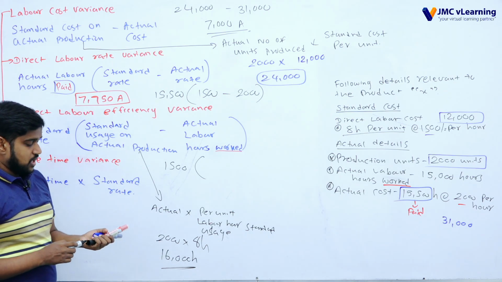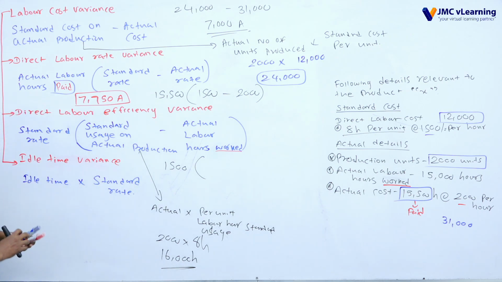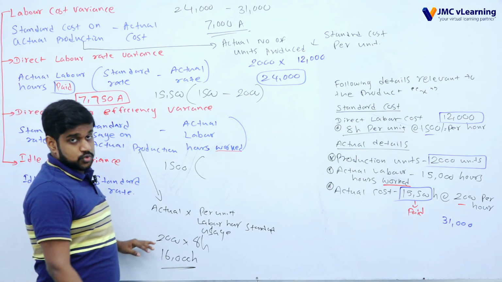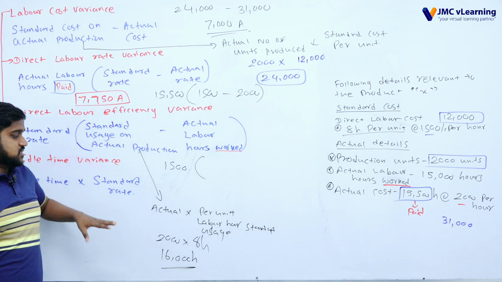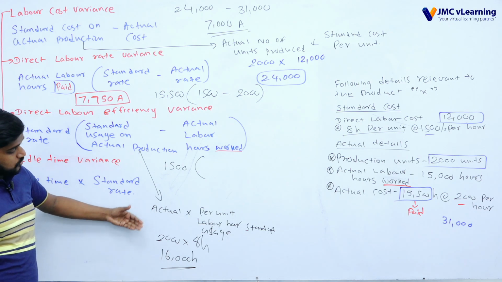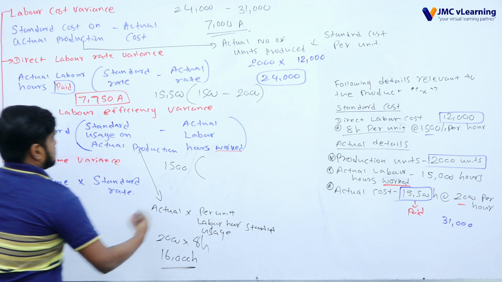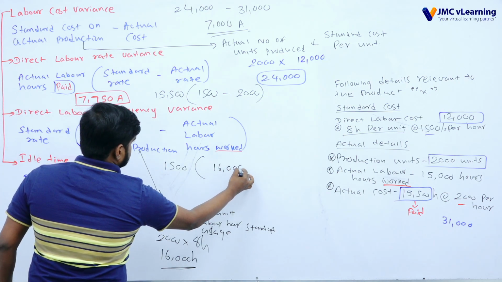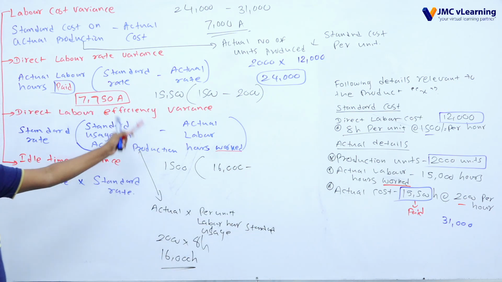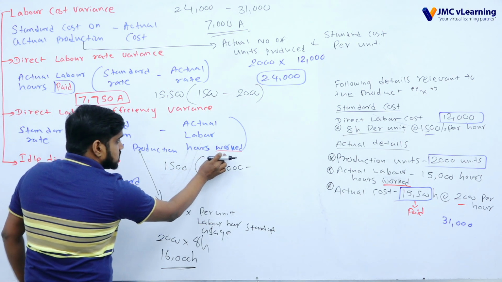That means if we produce 2,000 units, the standard usage on these 2,000 units is 16,000 hours. Then how about our actual labor hours worked?